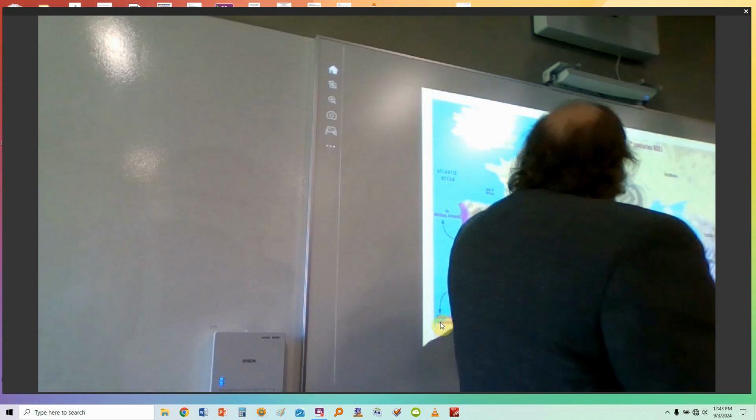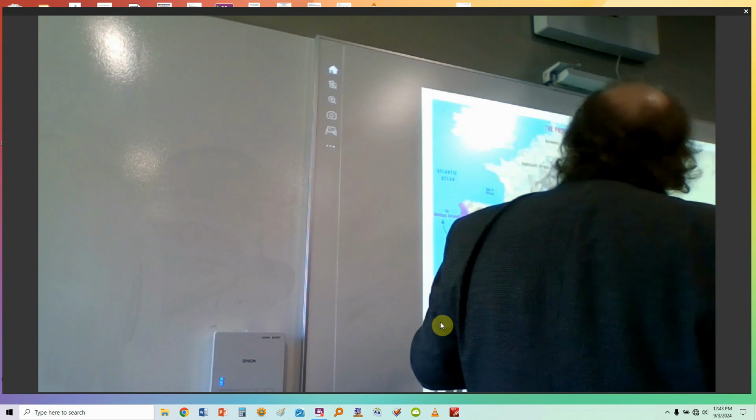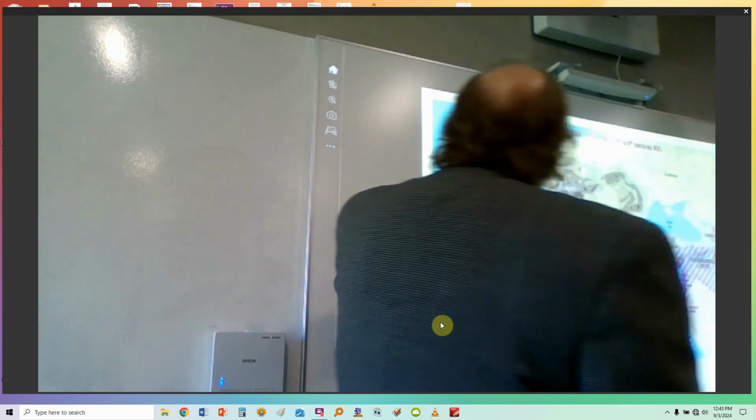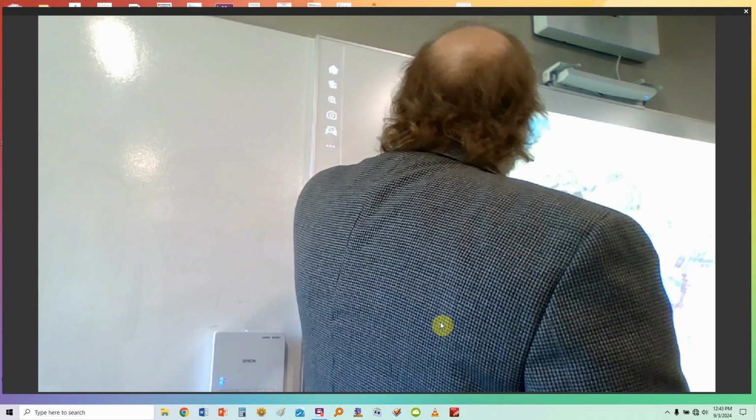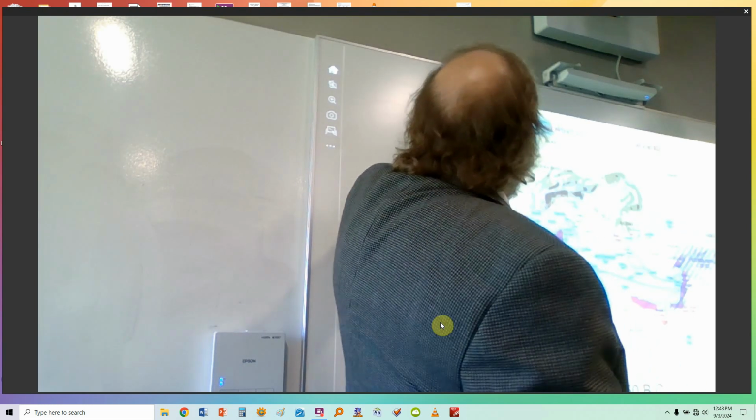These are like a map of their trading routes. You can see their influence all the way to the farthest reaches of the Mediterranean, to the Atlantic coast of Spain. Also, you see here with this little arrow, Brittany and Cornwall. Brittany's up here in France. Cornwall is here in England. So they even, I guess, made it all the way up there sometimes.